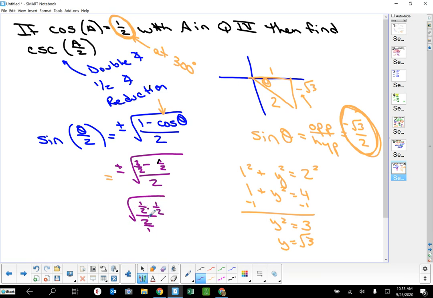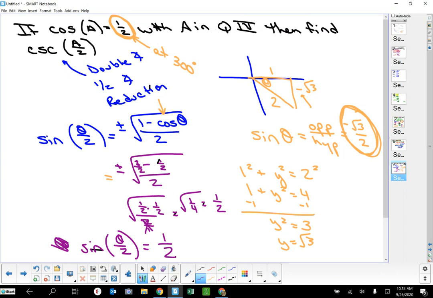So if you multiply this guy, you get the root of 1/4. And the root of 1/4 is equal to 1 half. And so the sine of theta over 2 is 1 half.